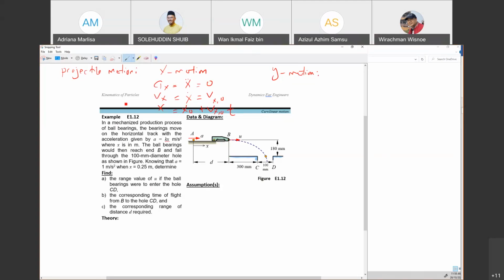Because the projection ni, the projection start macam ni. Kalau kita ambil this one as a datum, we project here, we have angle. This is datum. So from here this is Vx, and then we have here Vy kan. This is initial, this is Vx, and then this is Vy.